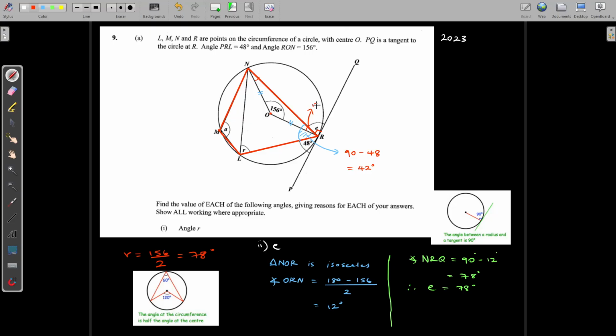This piece here is 12. So the entire angle right here is what? 54.